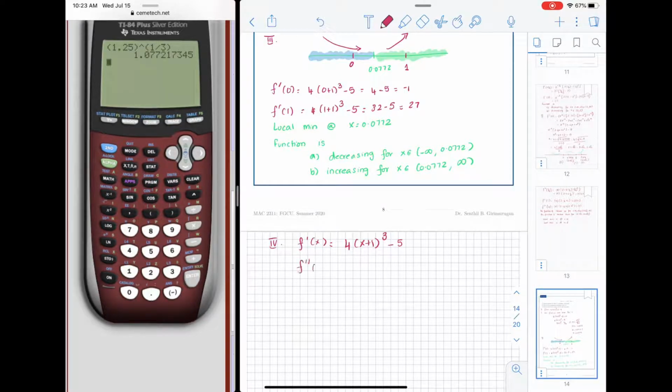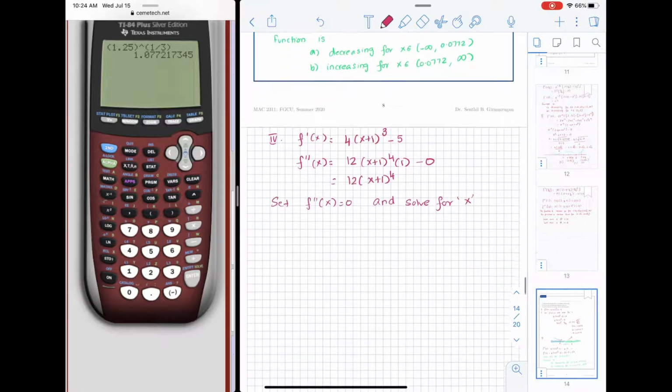The second derivative is 12 times x plus 1 raised to 4 times 1 minus 0, which is 12 times x plus 1 raised to 4. And we have to set f double prime of x equal to 0 and solve for x. And that would give us the point of inflection.